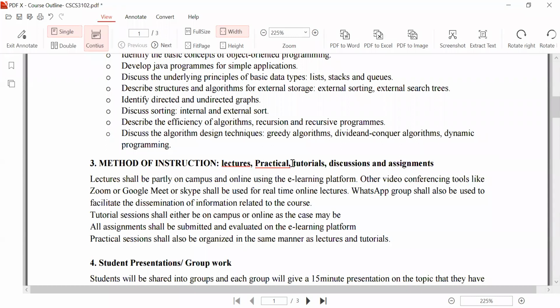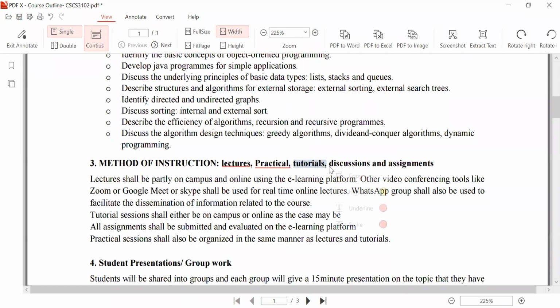If there is something that you don't understand and there is a classmate who understands, you go towards them. If you need to install NetBeans and you don't have it, and one of your classmates has downloaded it, you simply get it from them and install it on your computer. Generally for our practicals, we will use NetBeans, or you can also install Eclipse. Eclipse is also a Java IDE, integrated development environment.